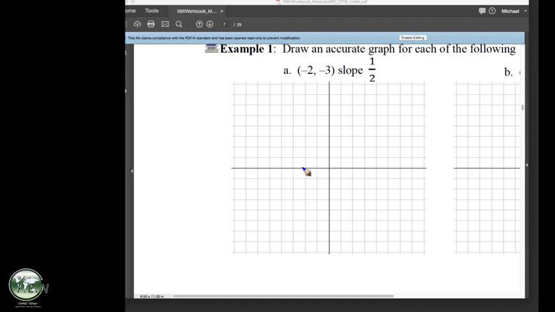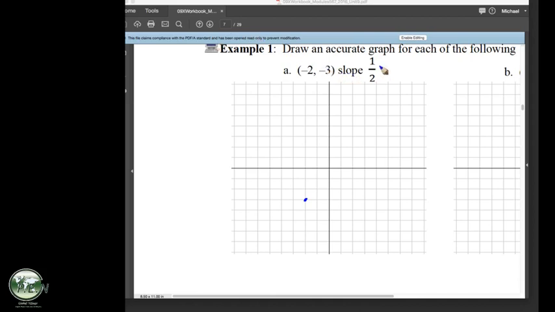So we go -2 and then down 3. This is really where the test of chapter 5 comes in. It's not so much that we're going to test you on it, but it's going to help you build understanding of lines.